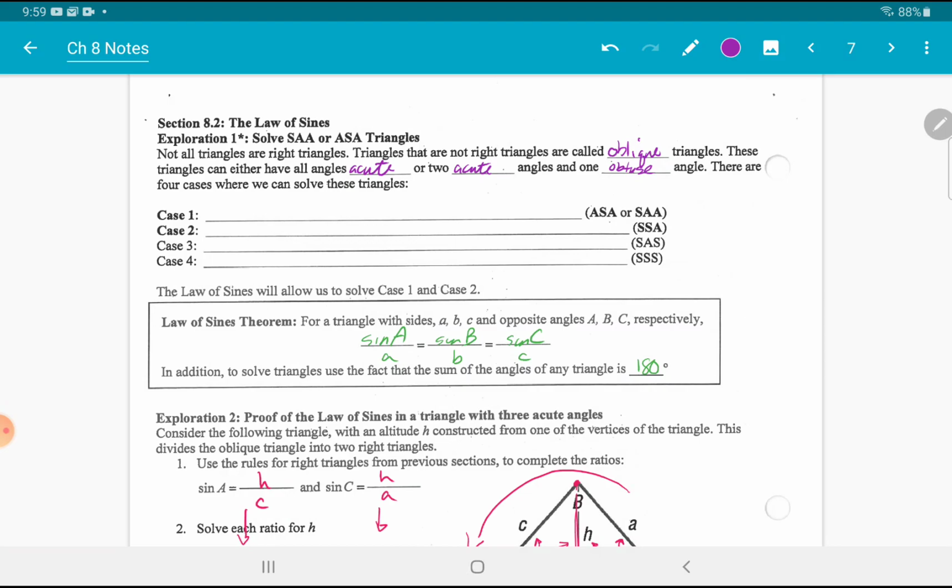Now, so far we have seen the two cases where you might have an ASA property or SAA property. If you take a look at the acronyms there, you can see that's when you're dealing with one side and also two angles that are known.